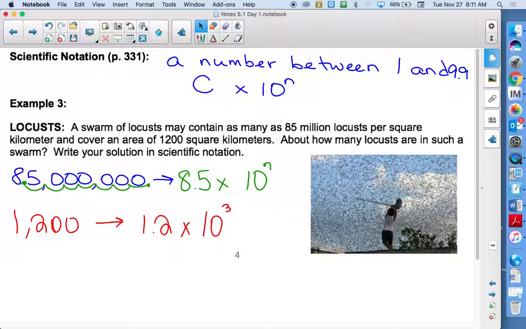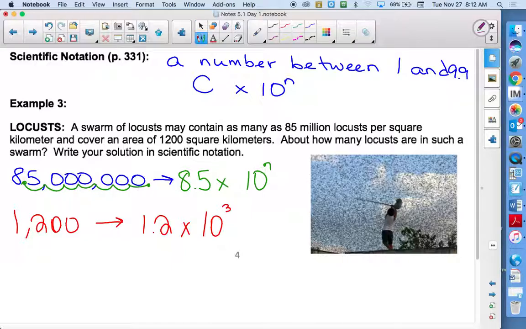That's what it's called, a swarm. What would you do with these two numbers? Did you multiply them? Yeah, we're going to multiply them.